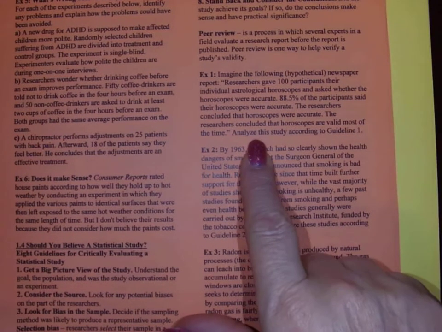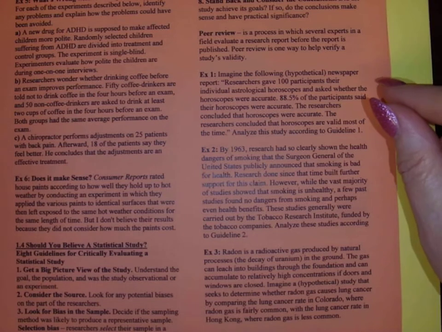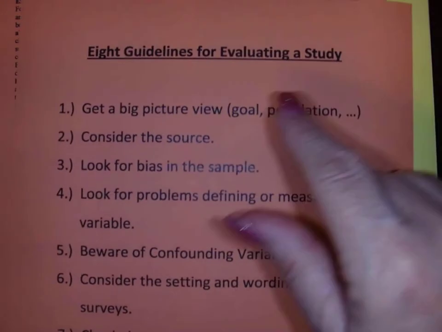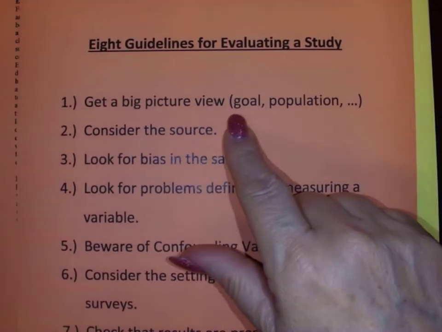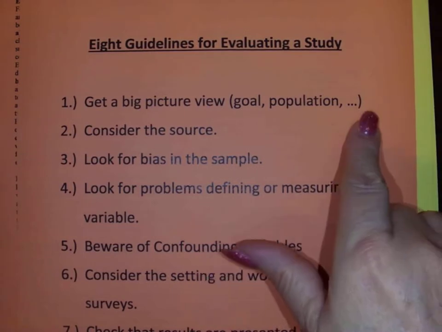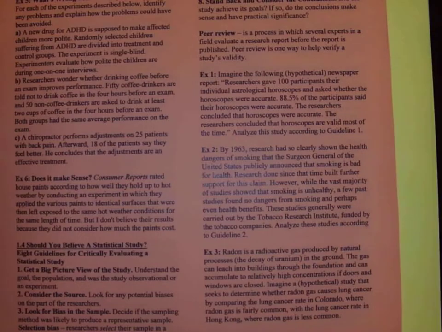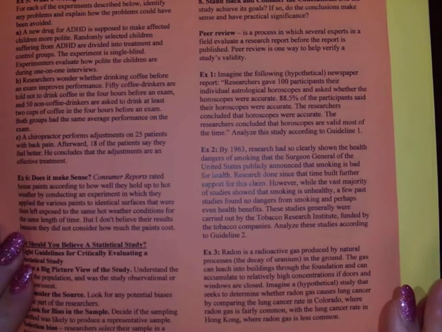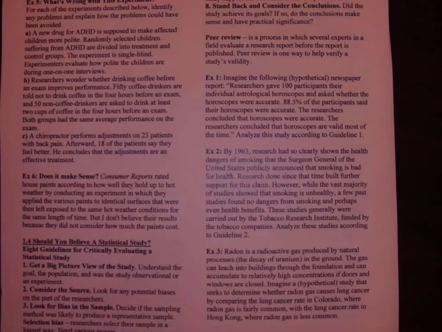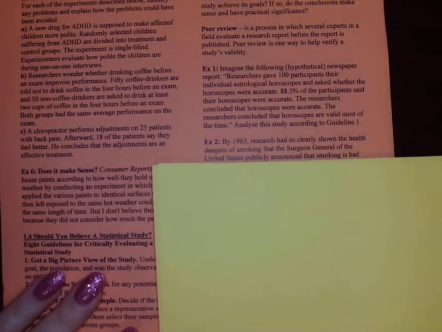We need to analyze the study according to Guideline 1. So Guideline 1 is get a big picture view, the goal and the population. All right, so what was the goal of the study for that first example there? Normally I would be asking you in the classroom, but I can't hear you because you're not there.